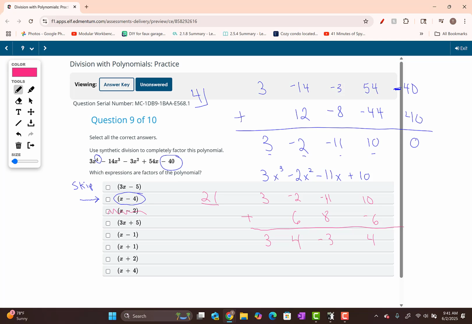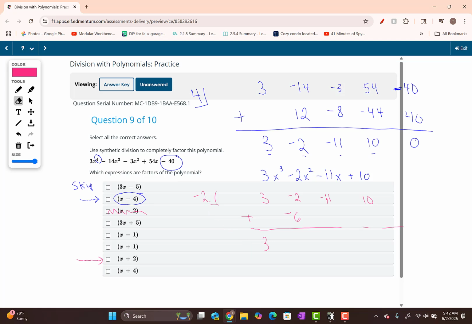Now, this is just thinking about how multiple choice questions work, but if x minus 2 doesn't work, my inkling is that x plus 2 is going to work, because why would they put two answer choices that are very similar to one another in this problem? So next we're going to check x plus 2, which means the only thing that'll change is the number in the box. Instead of a positive 2, it's now a negative 2, because negative 2 is a root of x plus 2. 3 plus nothing is 3, multiplied by negative 2 is negative 6.